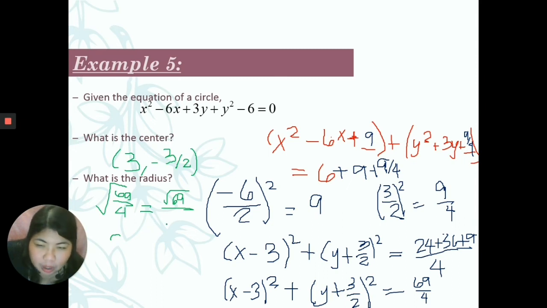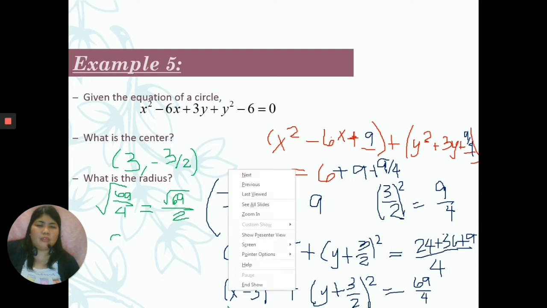Oh my god, I can't see anymore. My eyes are getting smaller. Okay, so now the radius is square root of 69 over 2. That would be our final answer.